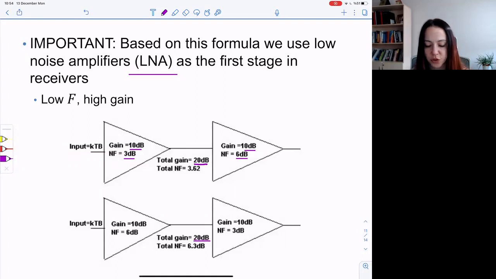That's not going to change. But when you put the first one first, the total noise figure is going to be 3.62. When you place this one first, the total noise figure is going to be 6.3.